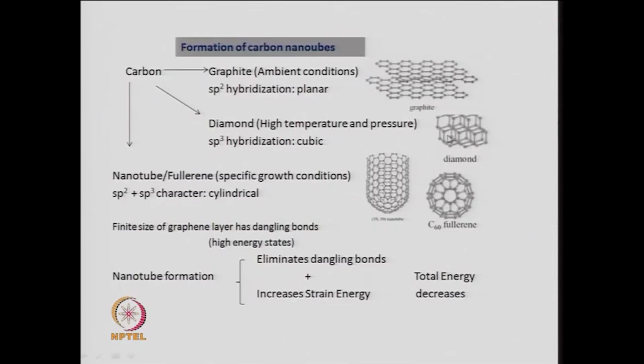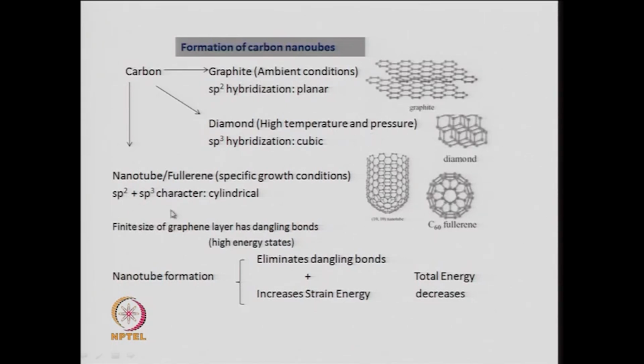So, it is tetrahedrally coordinated to 4 other carbons, and hence each carbon has sp3 hybridization, and this structure is of course cubic, while graphite is hexagonal.